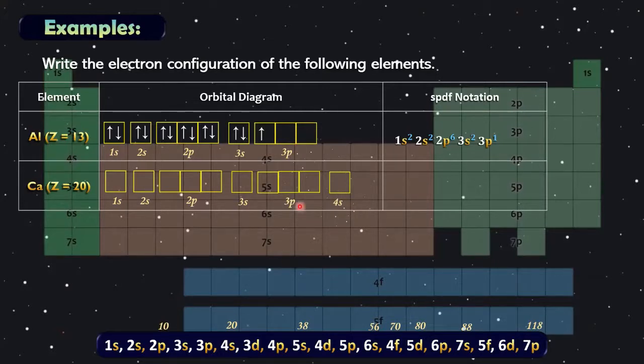This time, let's put our electrons: 1, 2, 3, 4, 5, 6, 7, 8, 9, 10, 11, 12, 13, 14, 15, 16, 17, 18, 19, and 20. The SPDF notation would be 1s2, 2s2, 2p6, 3s2, 3p6, 4s2.